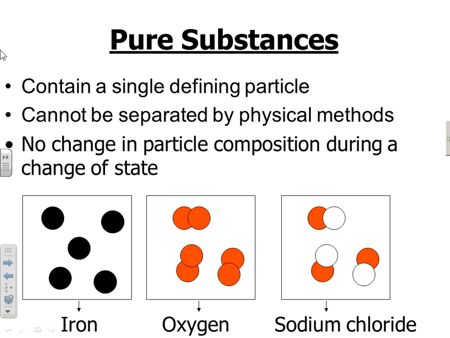It's called O2. And so in this picture, we represent it with two oxygen atoms, two spheres that are the same, stuck together. Sodium chloride, salt, is also a pure substance, but it's made up of a sodium atom and a chloride atom put together.